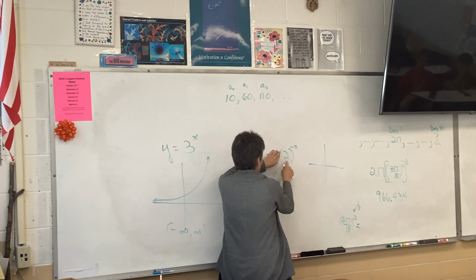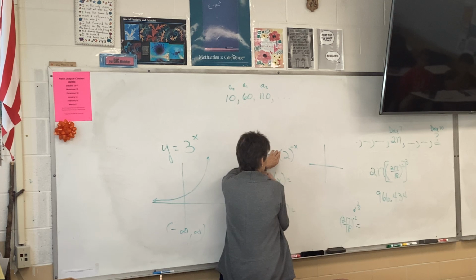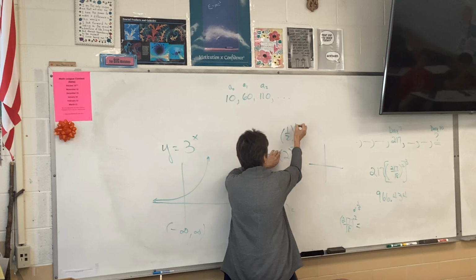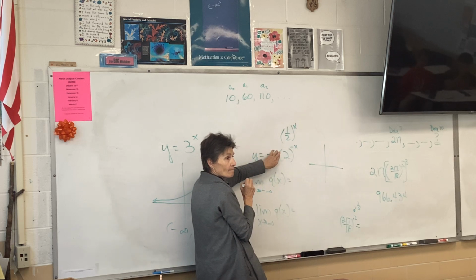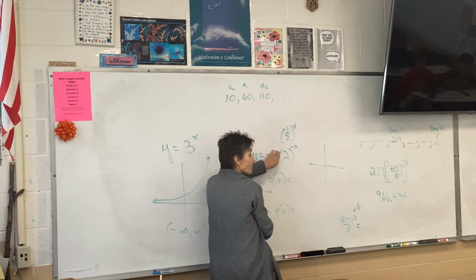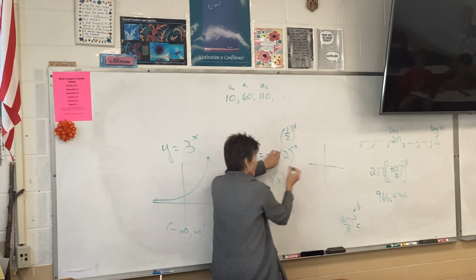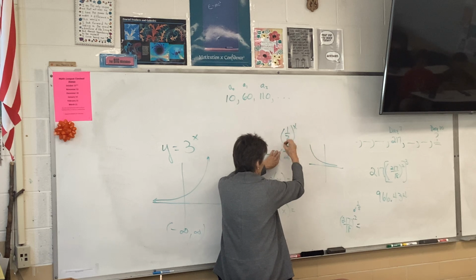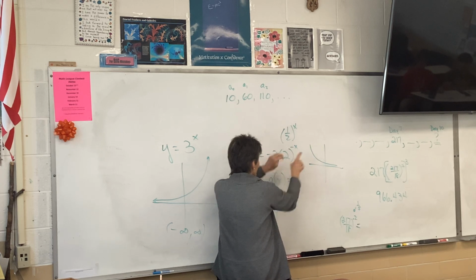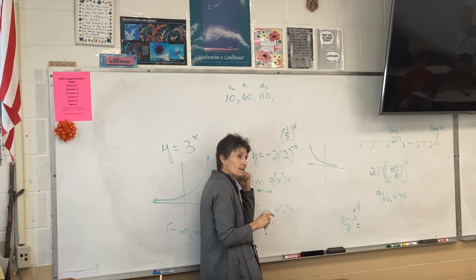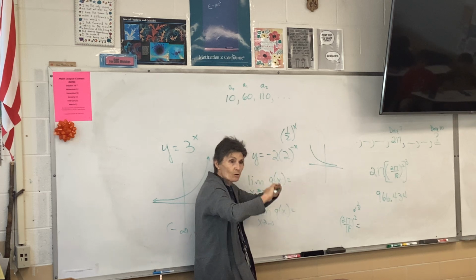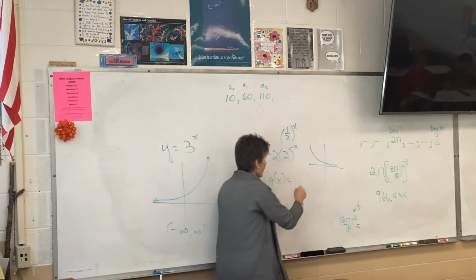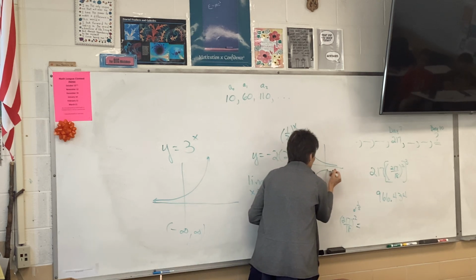What happens when we take 2 to a negative power? It becomes 1/2. So this is 1/2 to the x. Now what does 1/2 to the x look like? Decay. So this part of the problem right here looks like that. Now what happens when you put a negative out in front of that? It turns it upside down. So now it looks like this.